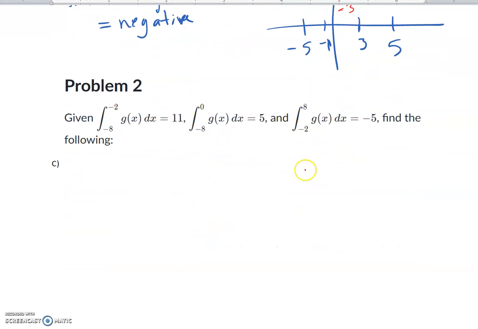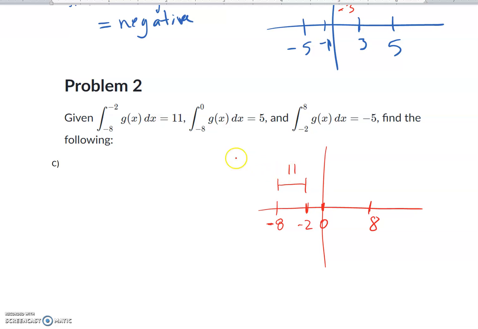Different bounds, and I'll make the sketch here of the different area regions first. I like to do this because it conceptually helps me understand what I'm subtracting and what area that I'm actually looking for. Here's -2, here's 0, and then 8 can be over here. So my different regions are from -8 to -2.